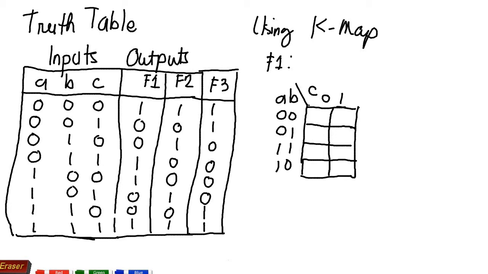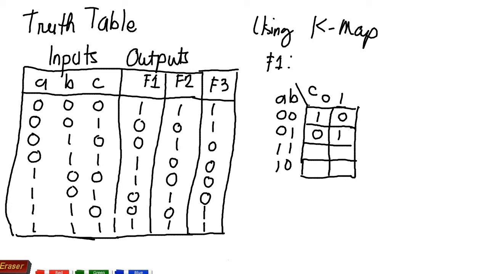Here in the first output, when A, B, and C are all 0, output F1 is equal to 1. If 0 0 1, then output F1 is 0. You have 0 1 0, that is 0, and 0 1 1, that is 1.